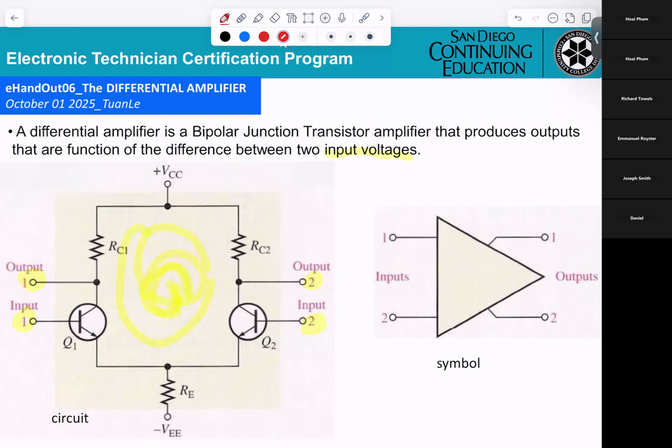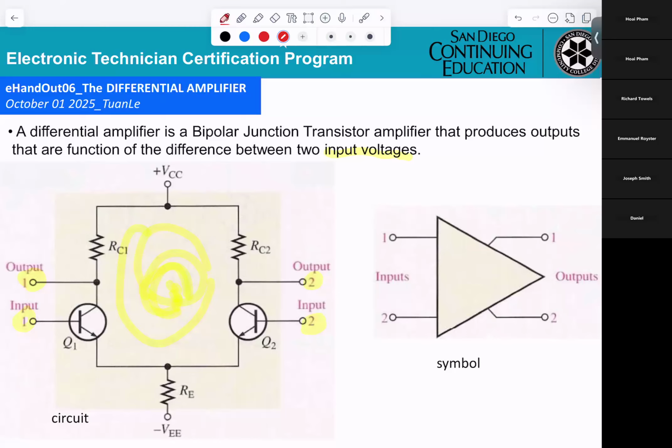The first one is the CE amplifier. Next is the CC amplifier. And the last is the CB amplifier. That's the first thing. I don't care whether you know how to calculate or not, but you have to recognize by looking at the circuitry, identify the CE or CC or CB amplifier.